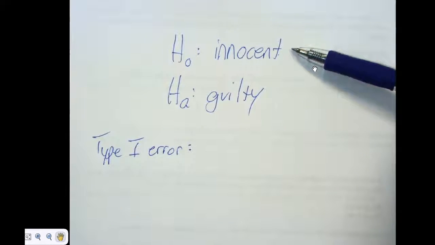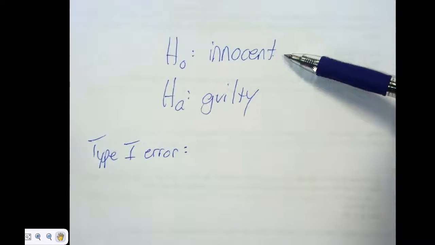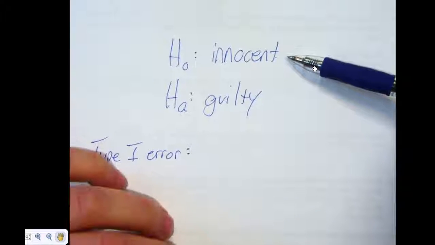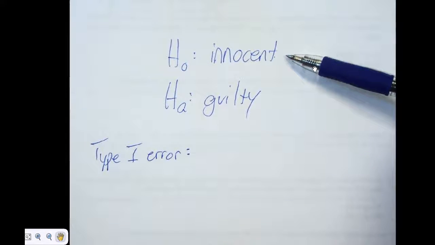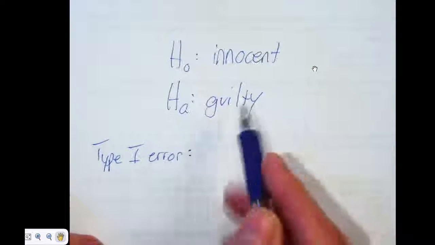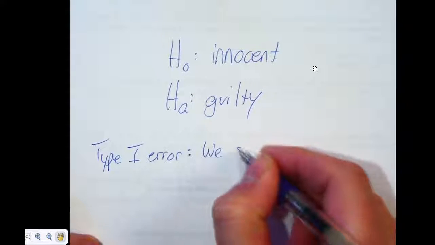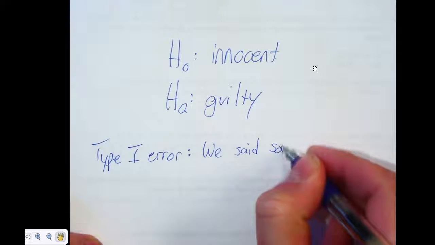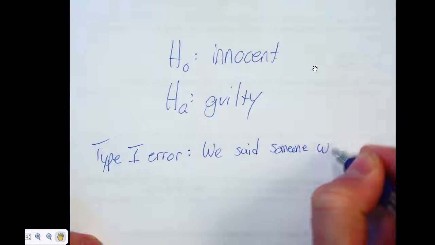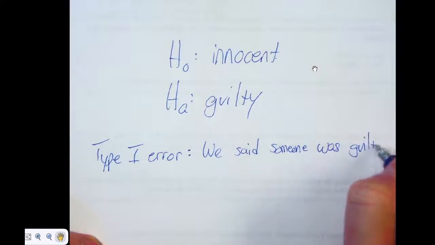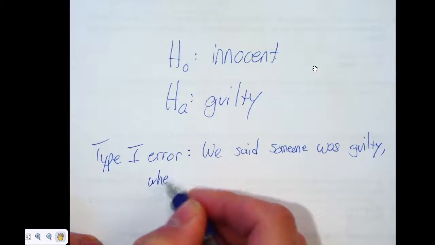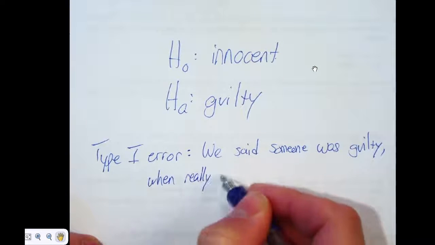That makes sense, what I'm saying, like 1 and 2? Okay, so 1 is actually true, but that's not what I decided. I decided this one. So type 1 error would be that we said someone was guilty when really they were innocent.